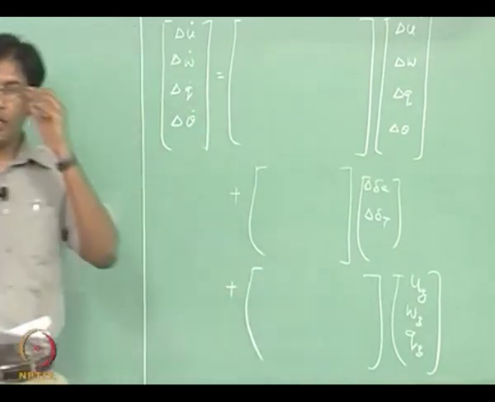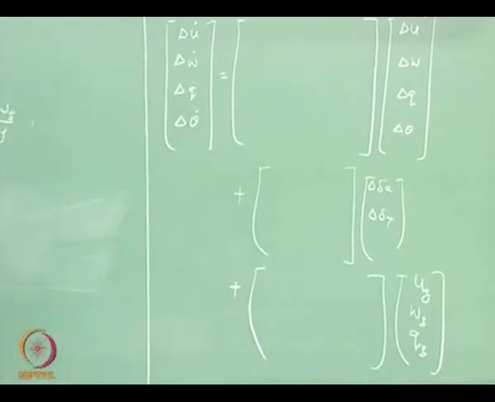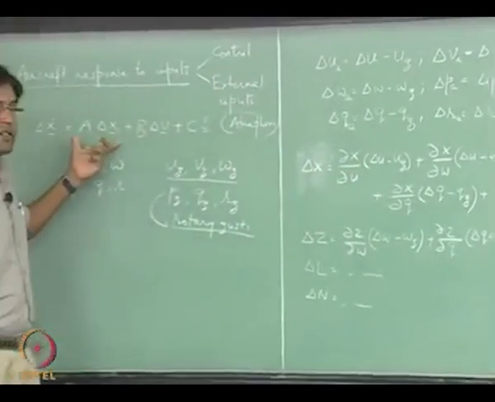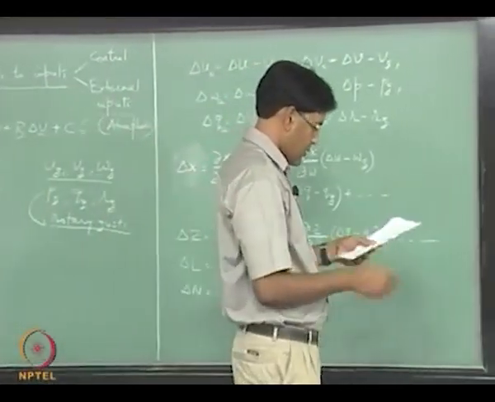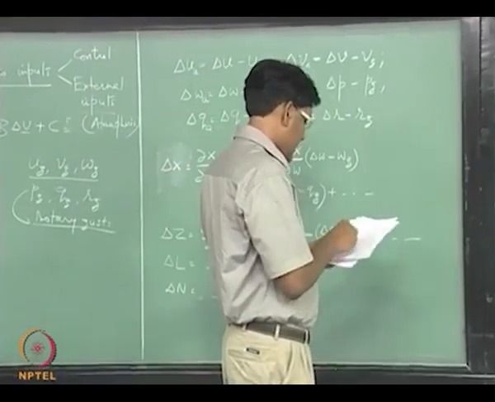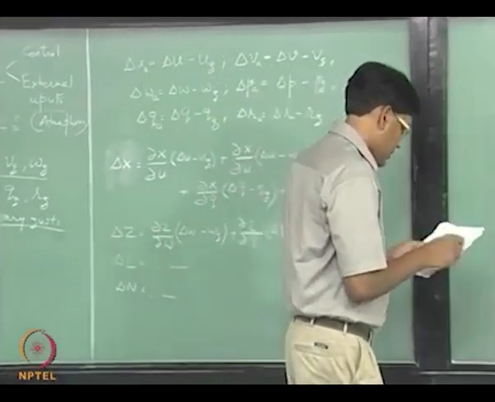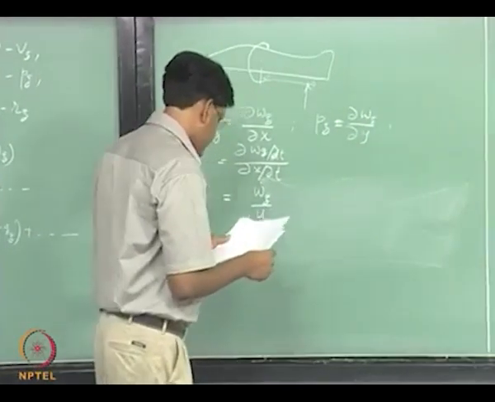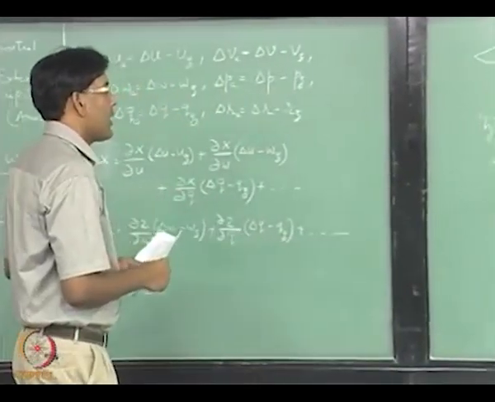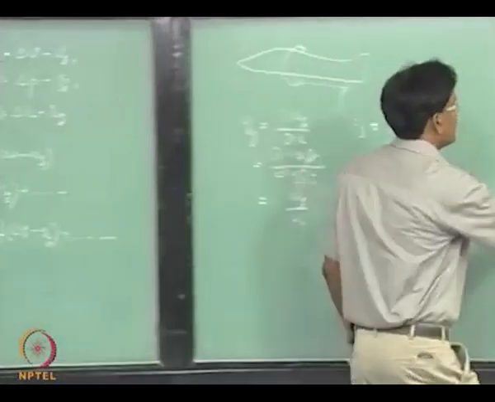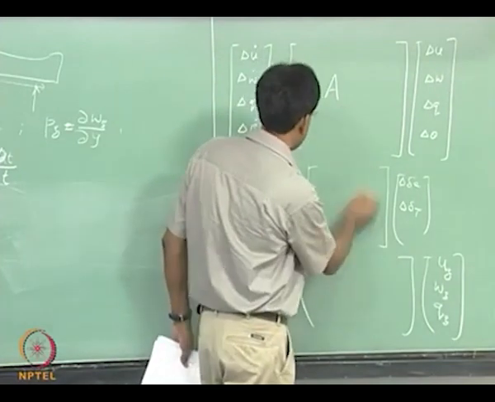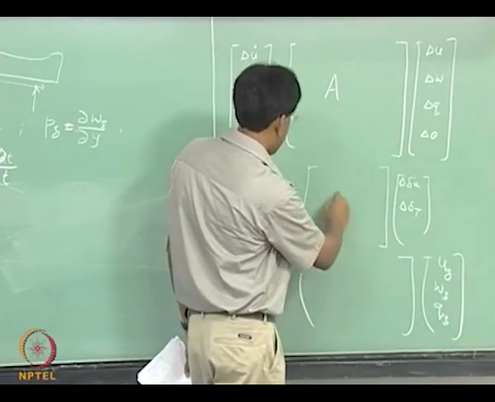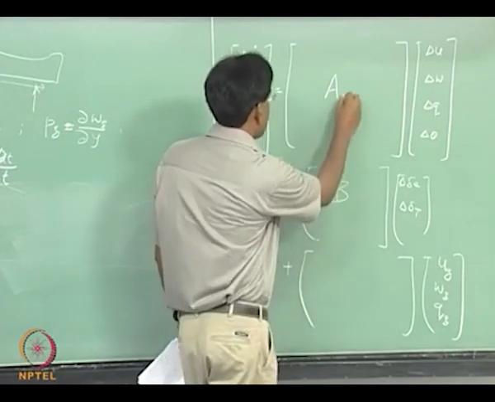Right. This is what you are going to get after you substitute these derivatives in the original equation. Okay, so this is my original A matrix, which was obtained by linearizing aircraft equations of motion around the equilibrium state, and this is my original B matrix.